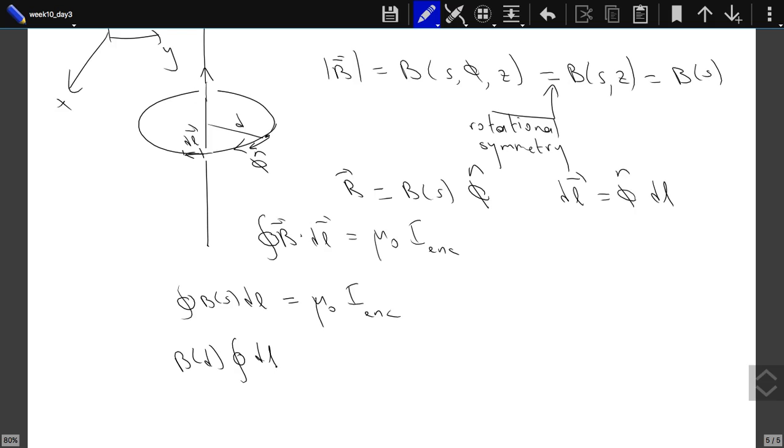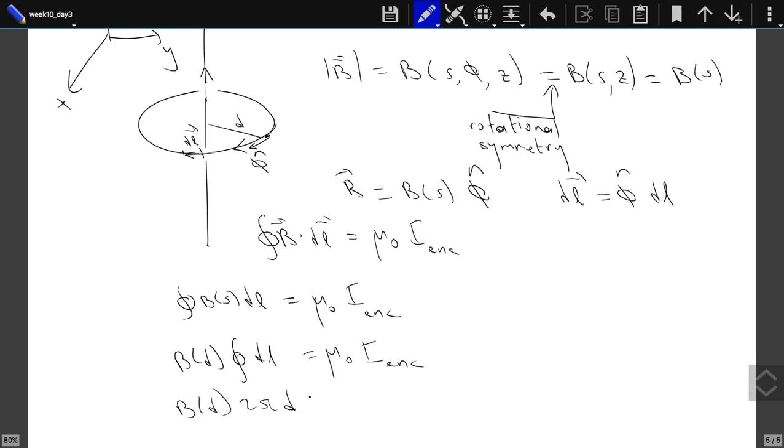I can take it out of the integral. What remains is the integral of dl, which is nothing but the length of each one of these segments. If I'm summing all the lengths of all the segments, I get the circumference of my ring. And hence this is just B of D times 2 pi D. This is the left-hand side.